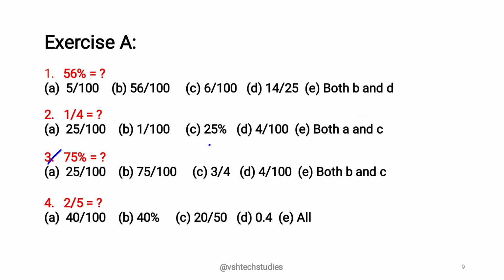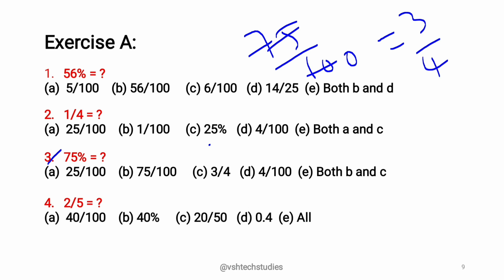Next, third problem, 75% means it is 75 by 100. So 25 threes are 75, 25 fours are 100, it is also equal to 3 by 4. So 3 divided by 4, if you do, it is 0.75. So with this background, we shall solve this problem.